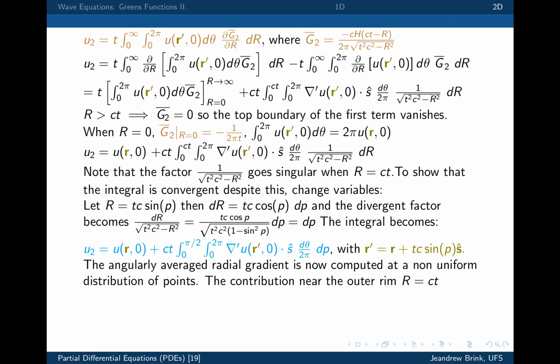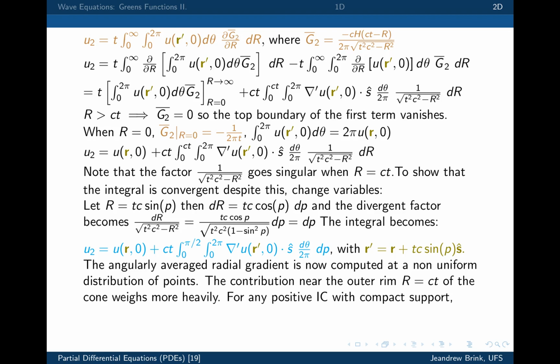And so it comes out that way. Difficult to evaluate, but not impossible. Actually, once you get practice, you start getting a feel for it. But I just wanted to show you all the steps of how to get there. Okay. The contribution near the rim weighs more seriously.